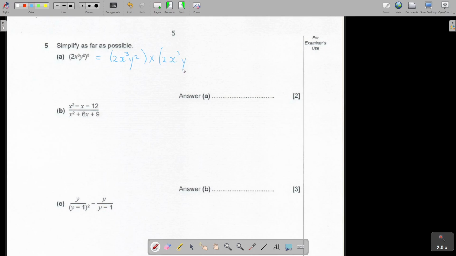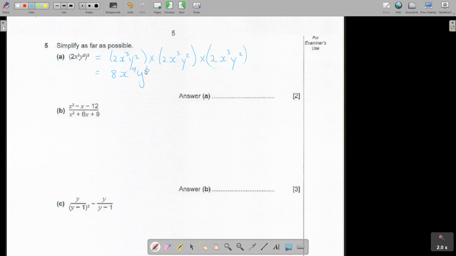2x^3 y^2 times 2x^3 y^2. Because if you do it like this, and I will show you now, then you will say 2 times 2 times 2, and you will get the 8. And then x, there's 3 plus 3 plus 3, and that's 9. And then y, 2 plus 2 plus 2, and that's 6.